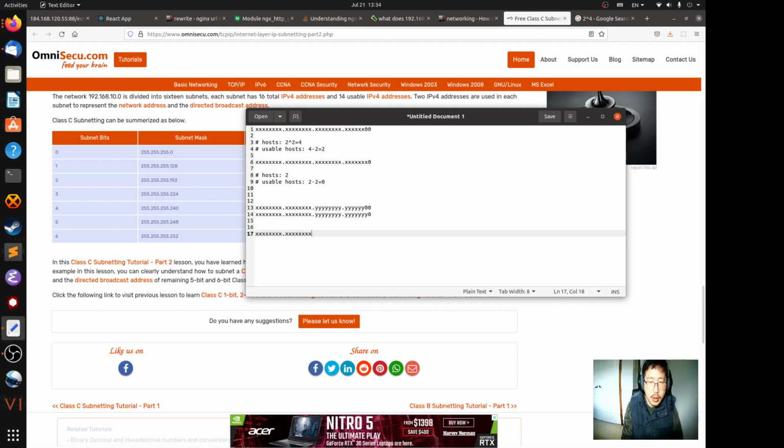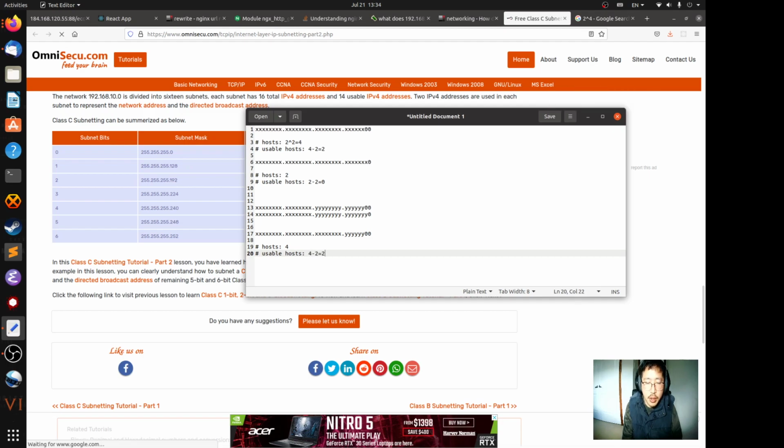This is a class C, and he says Y designates the borrowed bits. How many? There are 6. It corresponds to this entry over here. How many possible hosts? 2 to the power of 2, it's 4, right? How many possible usable hosts? 4 minus 2 is 2, right?